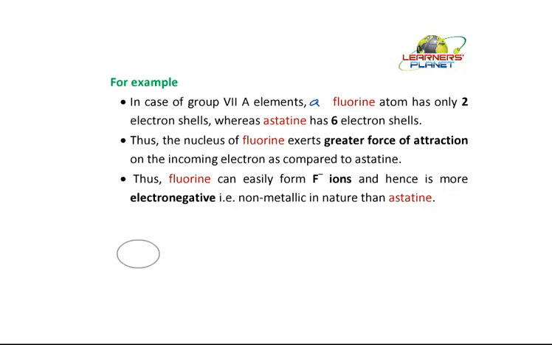But if I draw an astatine atom, its size would be big. So in the fluorine atom there is a nucleus and only 2 shells with 7 electrons in the valence shell. Whereas if I write astatine, there are 7 shells.